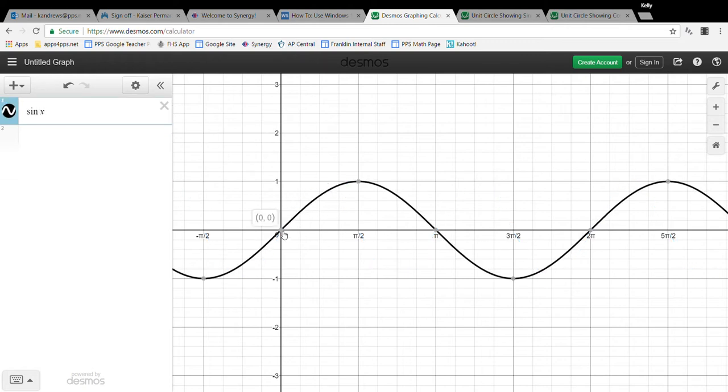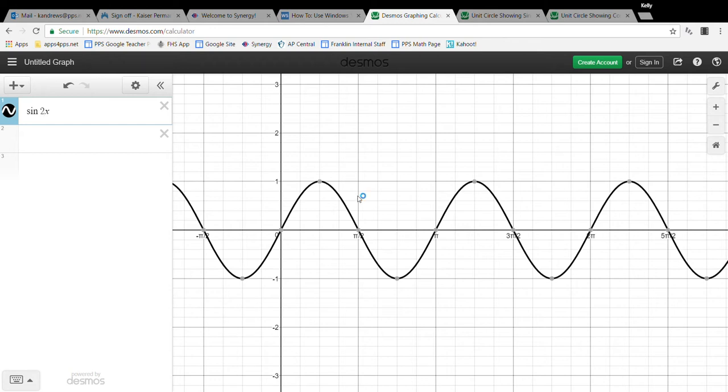My regular sine graph completes 1 cycle between 0 and 2 pi. If I change this to 2x, I start at 0, midline, down, midline, and this is 1 cycle.